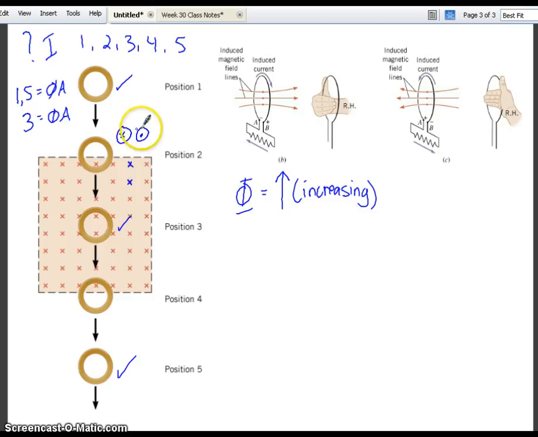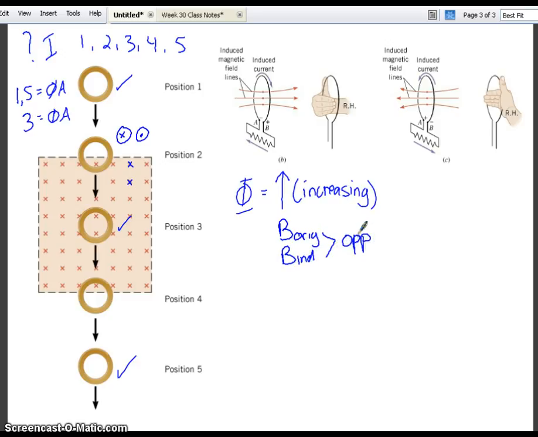It's going to be one or the other. So, because it is increasing, the flux change is going to be opposite what's going on. So the original flux is going to be opposite the induced flux.